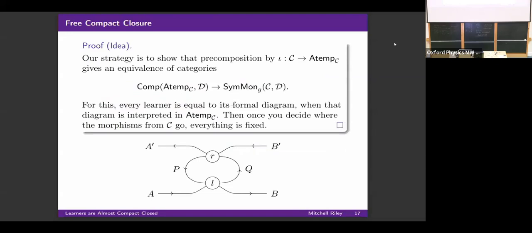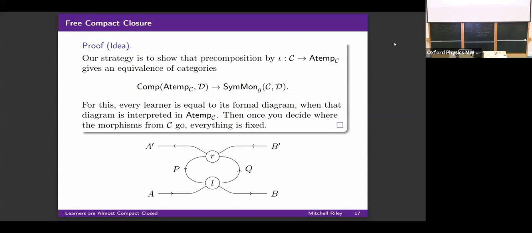So how does this proof go? Well, our strategy is to show that this inclusion of the category that we started with into these atemporal learners gives an equivalence of categories like this. This will show that this is a universal morphism.